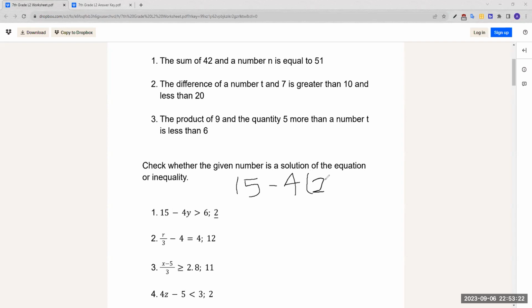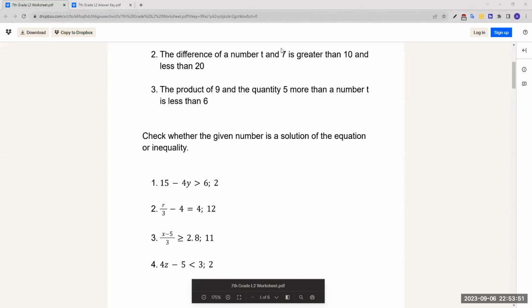It's 15 minus 4 times 2, which is 8, and that gets 7. 7 is greater than 6, and this is true. So this would be a solution.